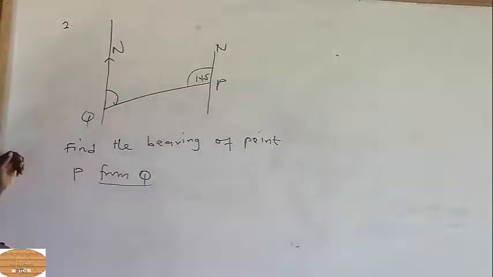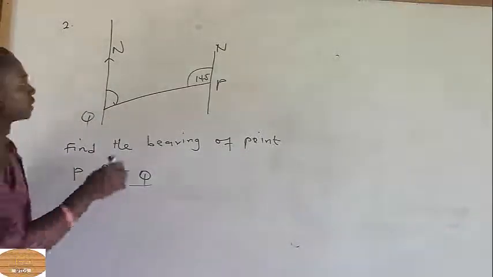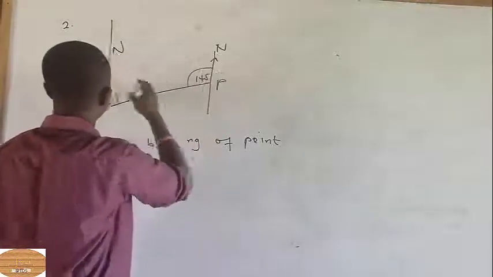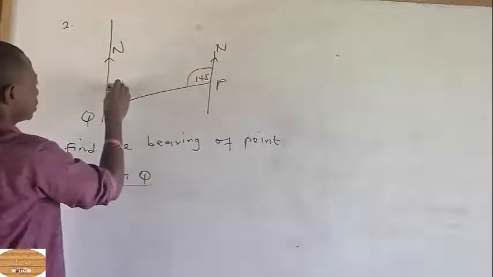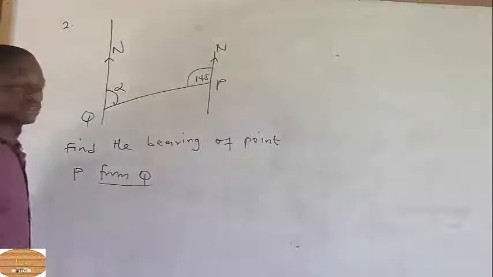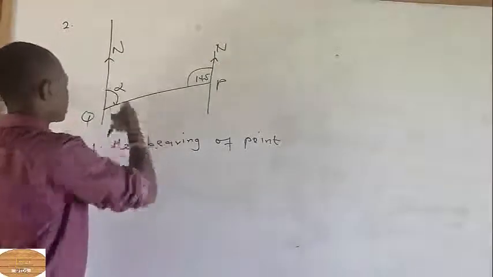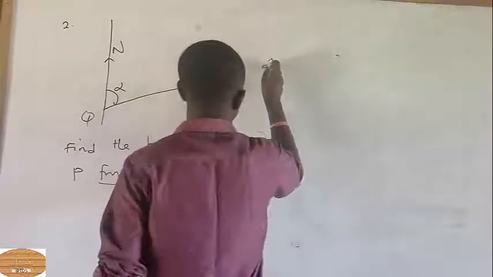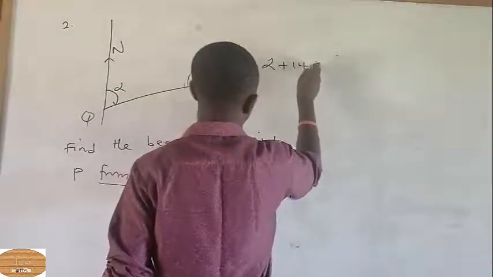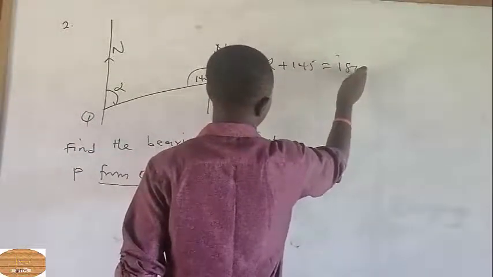This one is very simple. In case you have two parallel lines, this angle plus this angle will give you 180 degrees. So finding this angle: alpha plus 145 equals 180 degrees.